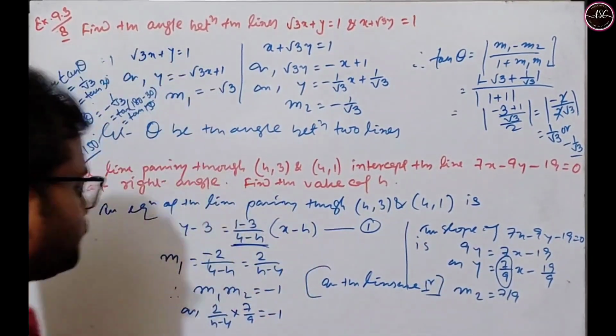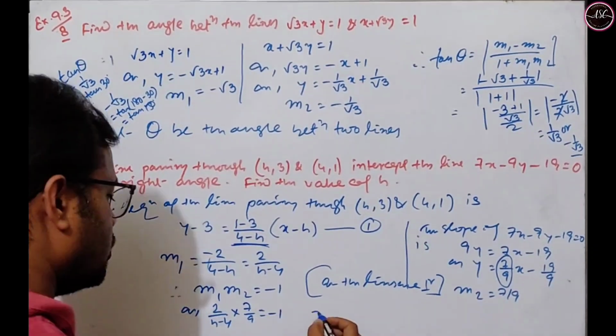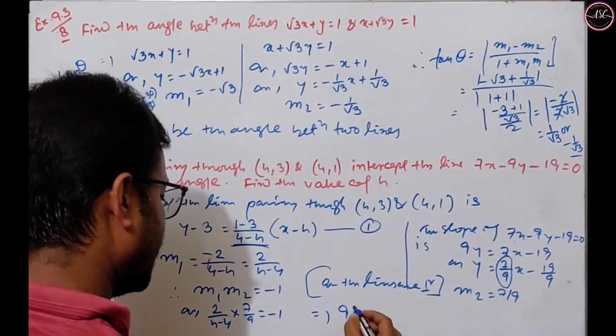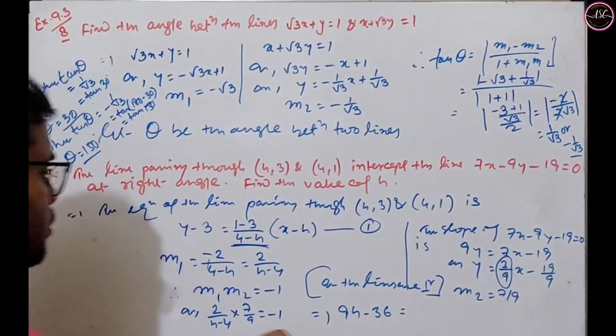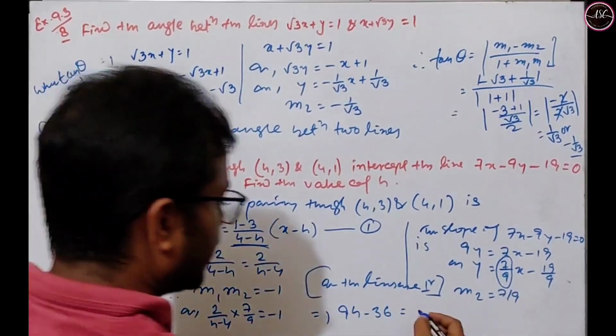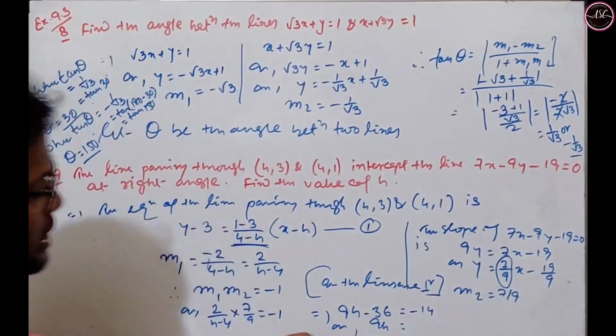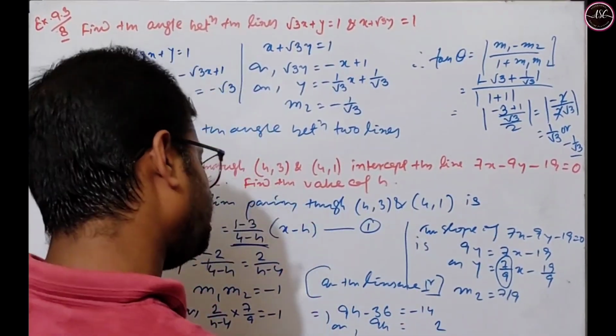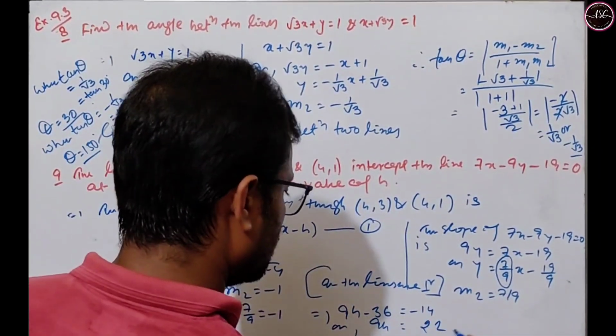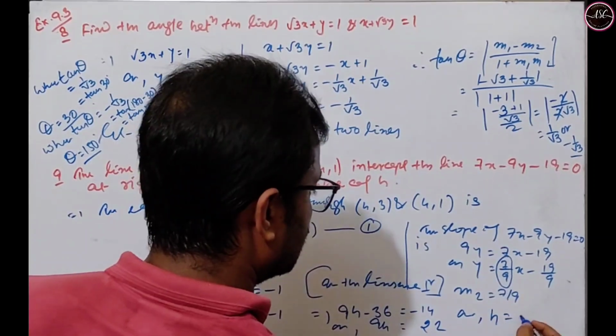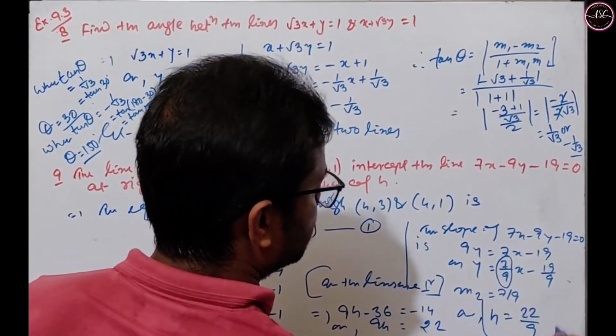Just solving this, we get 9h minus 36 equal to minus 14, or 9h equals 36 minus 14, which is 22, or h equals 22 by 9. That will be your answer.